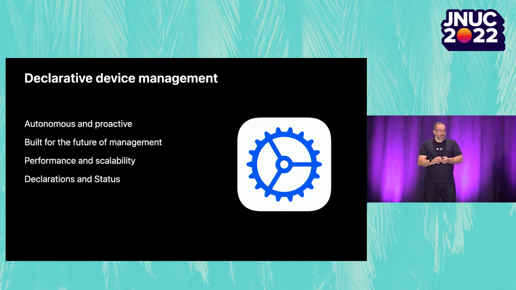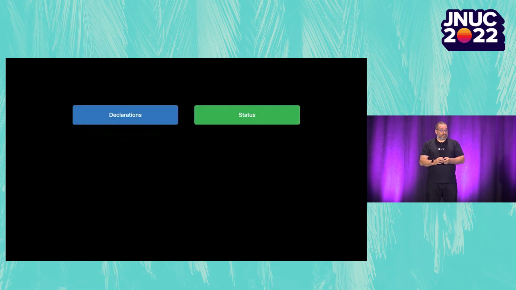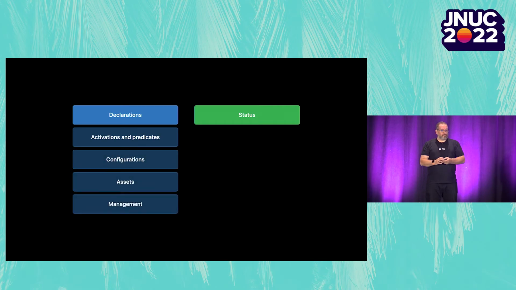There are two key elements of the declarative device management data model: declarations and status. Declarations represent the policies an organization wants to enforce on devices. Activations and optional predicates determine if configurations will be applied to the device.